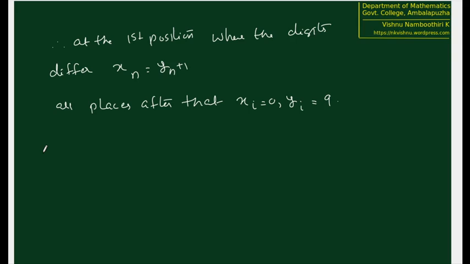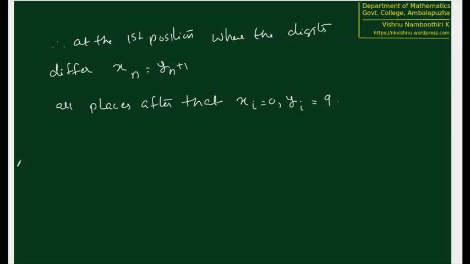Therefore, for all these things, the most important thing is we must be able to locate where the change happens for the first time. If the change happens for the first time in one particular digit, from that point onwards in one of the decimal representations, everything else is 0.